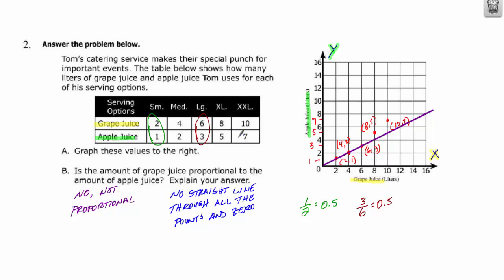Unfortunately, when I get out to this point, 7 divided by 10, I get 0.7. And as soon as I get something that's not the same as all the others, it's not proportional. And it doesn't matter how many aren't the same. You could have 6 points that are all identical, but if the 7th point is not, then it's not a proportional relationship.